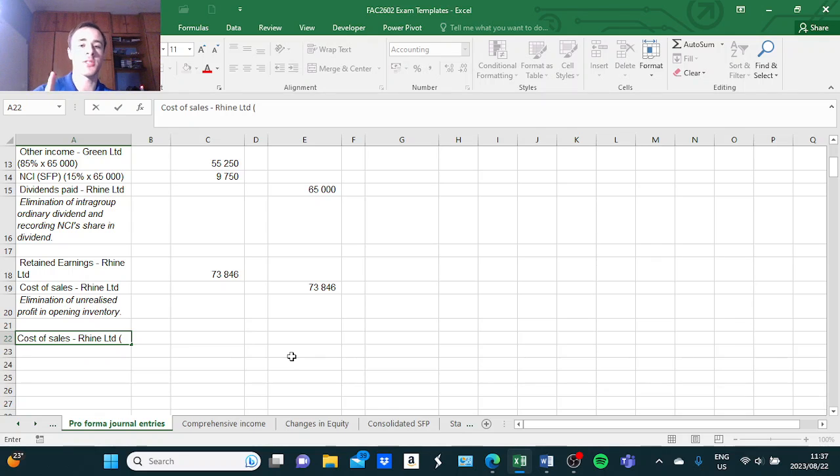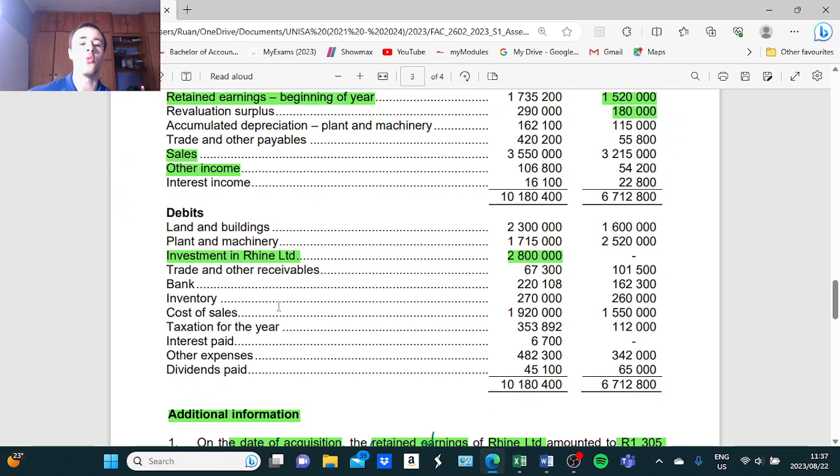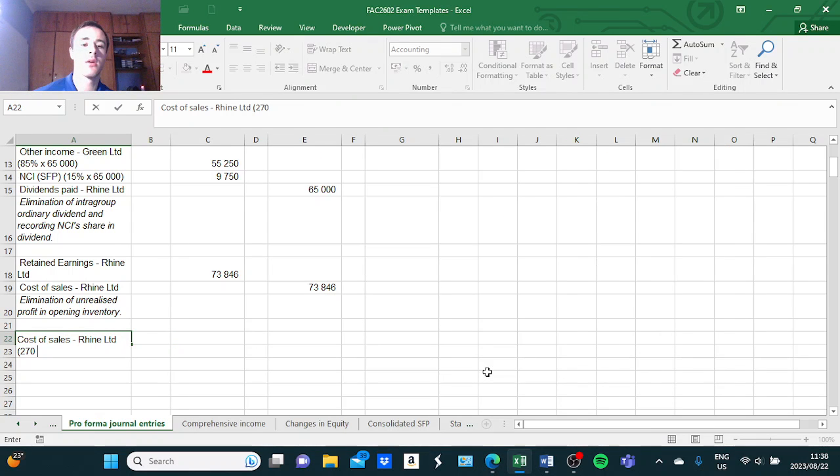The amount of the unrealized profit is calculated as follows. We will take the inventory balance for Green Limited of 270,000. We will multiply this by 30 over 130 because the markup on cost is 30%. So the unrealized profit represents 30%, and we use 130 because this amount already includes the unrealized profit of 30%.